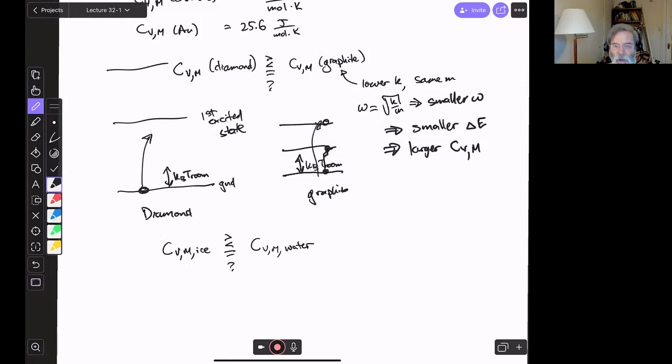We haven't talked at all about liquids before. We've talked some about gases and some about solids. So I want you to try to use the same kinds of ideas that we've been talking about so far and try to figure out which of these would have a higher heat capacity.